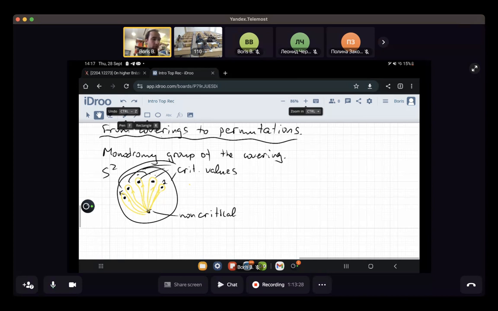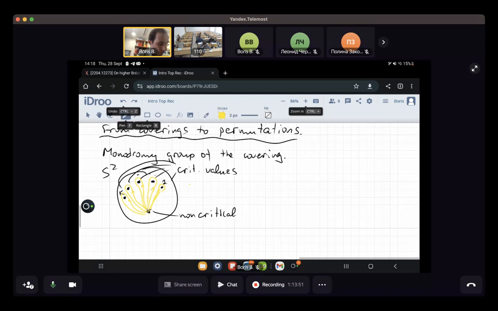The cyclic type of each of these permutations is equal to their profile over this critical value. So the lengths of the cycles of these permutations equal these mu i's.